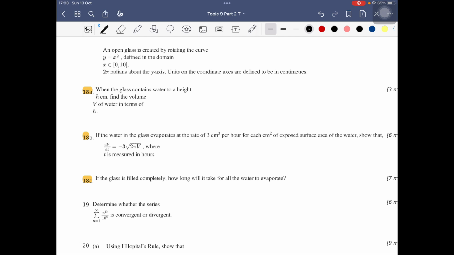An open glass is created by rotating the curve y equals x squared, from 0 to 10, so we have only this part. So this is 0, 0, 10, 100. The glass contains water to the height of h.